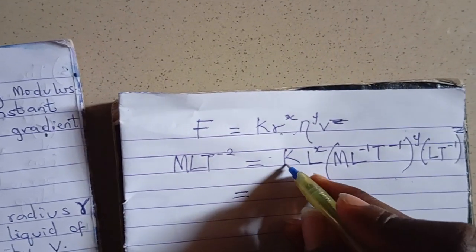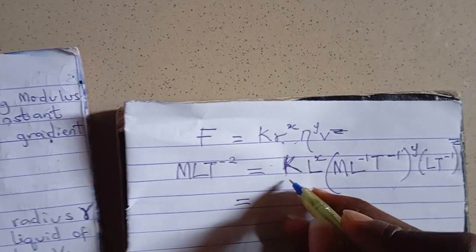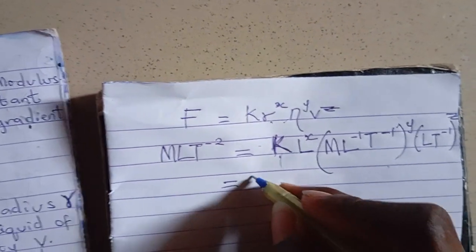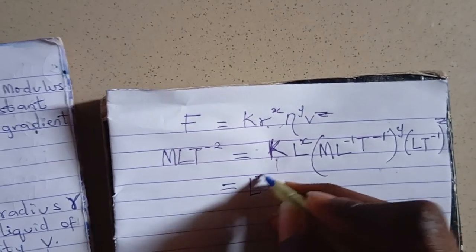Notice this is the dimensionless constant 1, and if we replace it, 1 times everything is still everything here. So let's just put everything down. I have L^X.